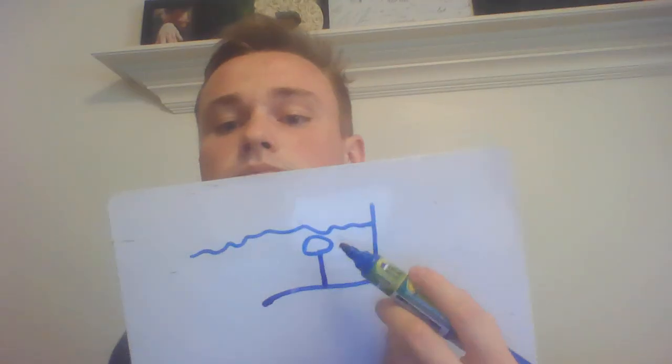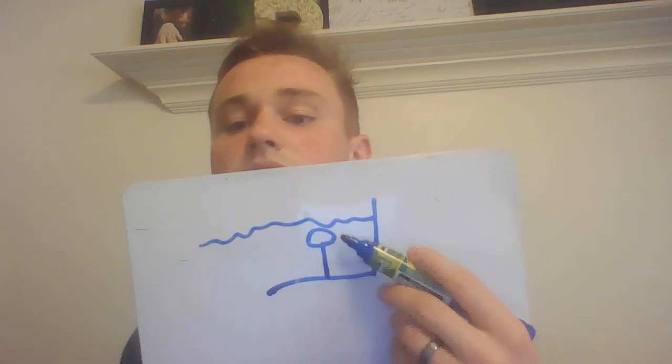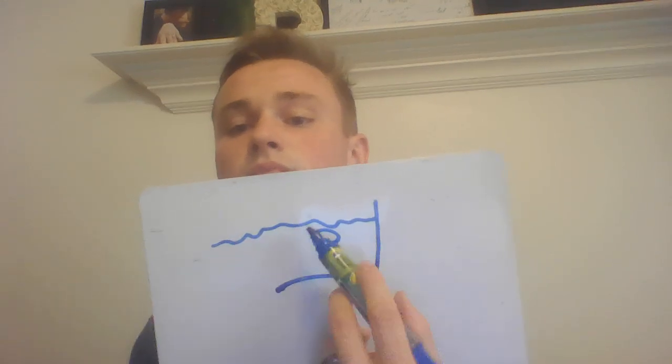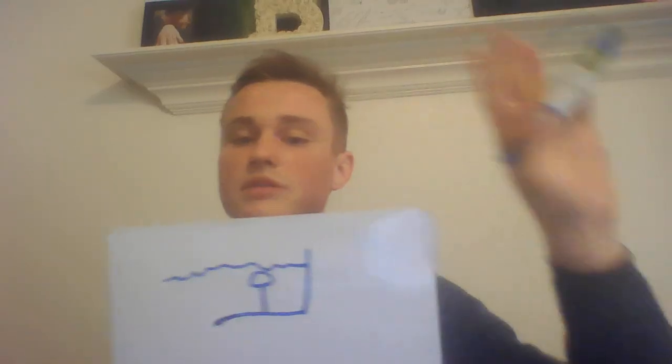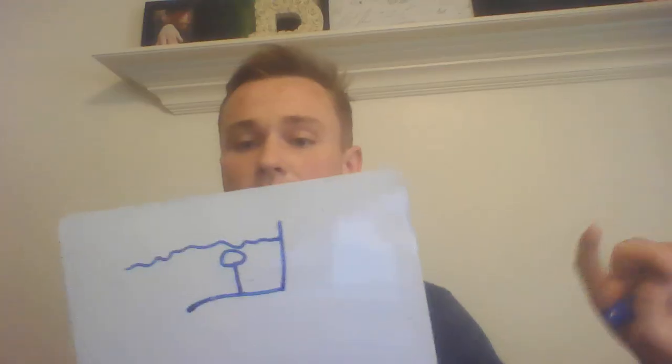So, myosin heavy chain, myosin head, myosin light chain, actin. This is assuming that calcium has already flooded the system and it is free to bind.